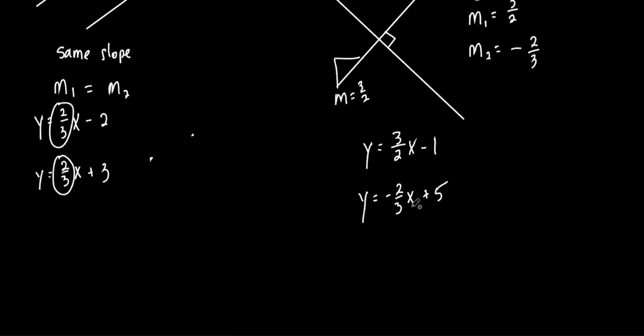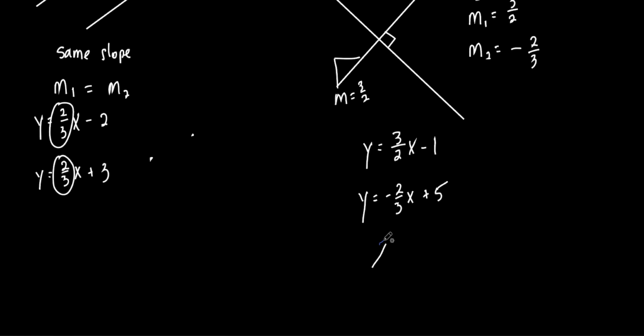I could graph them if I wanted to, but just looking at them, what can you say is the relationship between these two lines? Look, what's the slope of this line right here? 3/2. What's the slope of this line? -2/3.